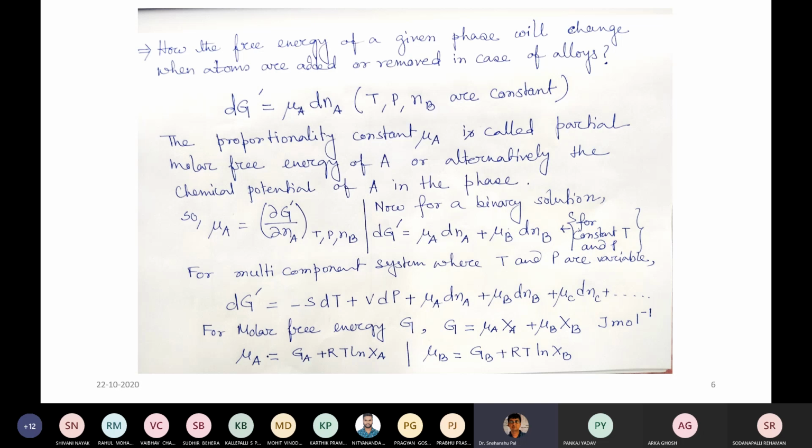Fine. But how does the chemical potential depend on the composition, and what factors govern the chemical potential mu A? In the phase, mu A depends on the composition of the phase, and therefore dNA must be so small that the composition is not significantly altered. Please understand that the composition should not be significantly altered, so dNA should be very small.